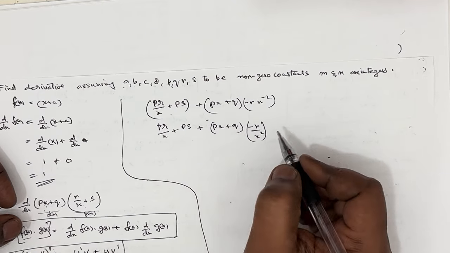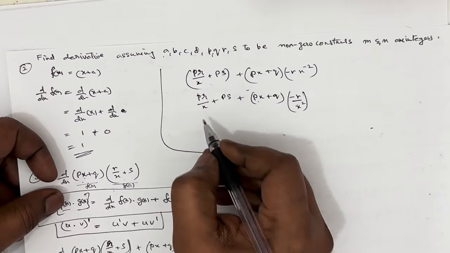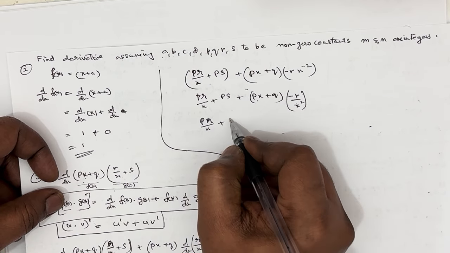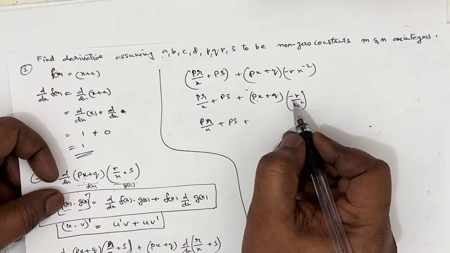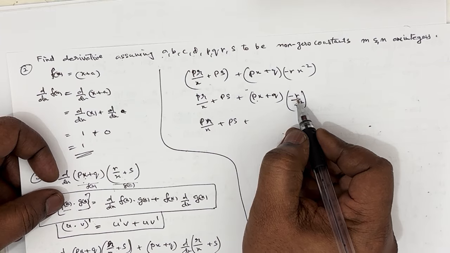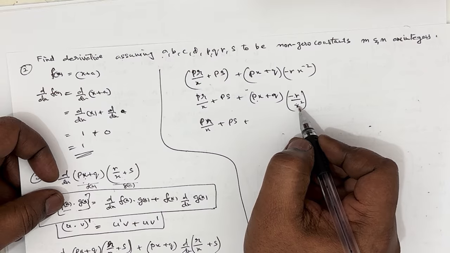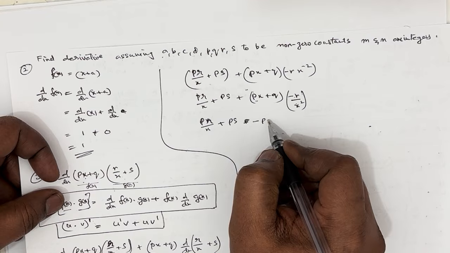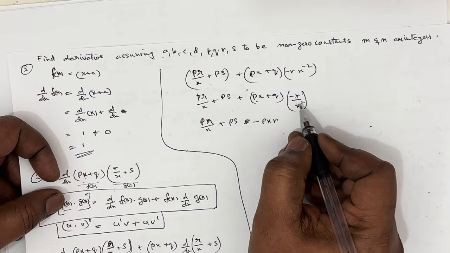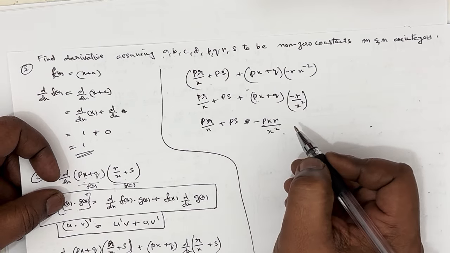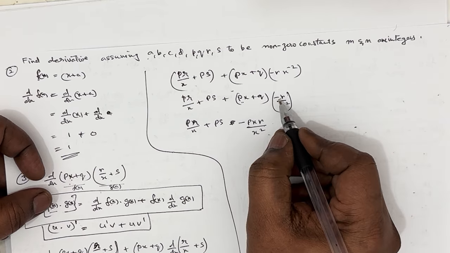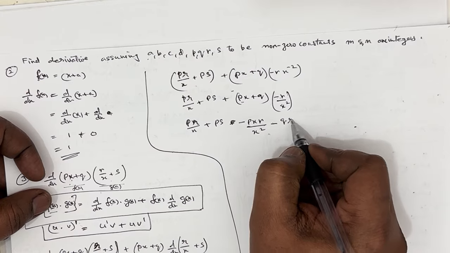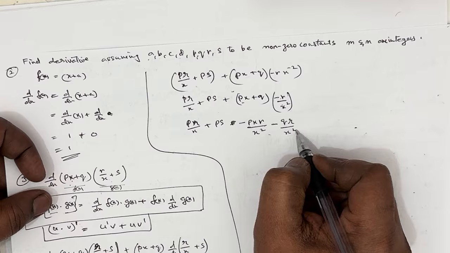Now multiplying inward, this becomes pr upon x plus ps, minus r by x square into px becomes negative pxr upon x square, plus, minus into plus becomes minus qr upon x square.